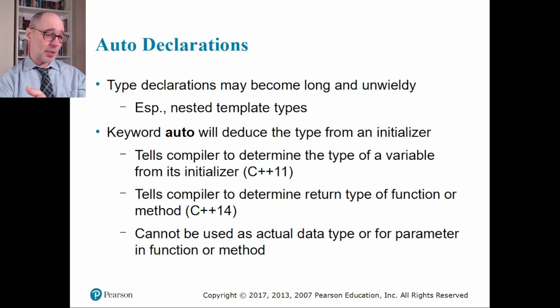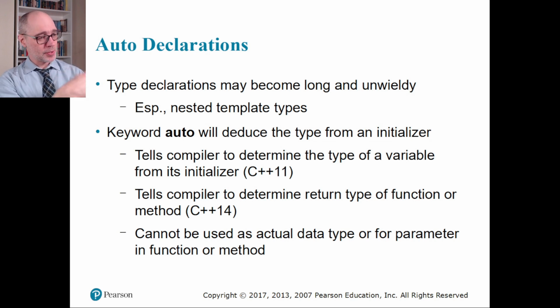Not everything's positive. A negative that I've run into is it starts to become a little bit hazy what types you're actually dealing with. So in slightly more complicated code that I was working on recently, I was writing auto variable equals return from some function. And then I looked at it and was like, I have no idea what type that is now, because I'm not seeing immediately what type the function's returning.